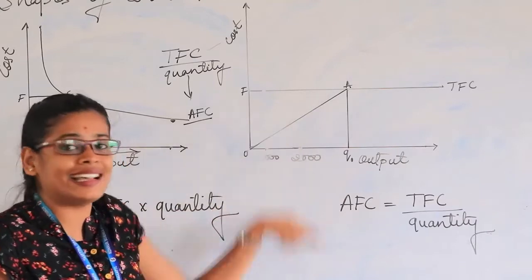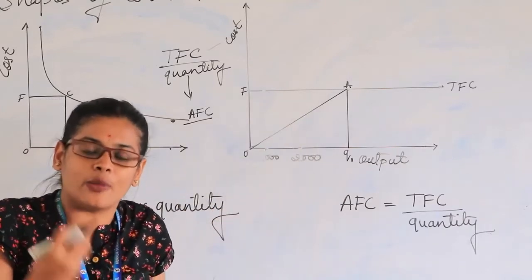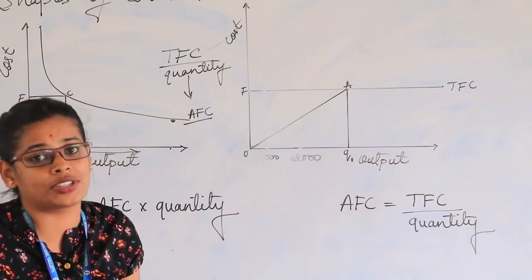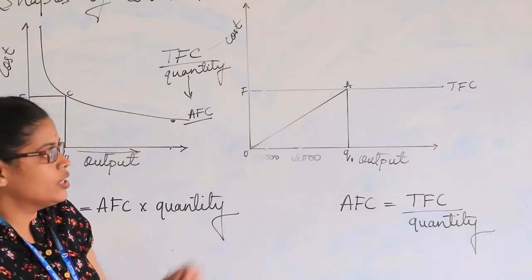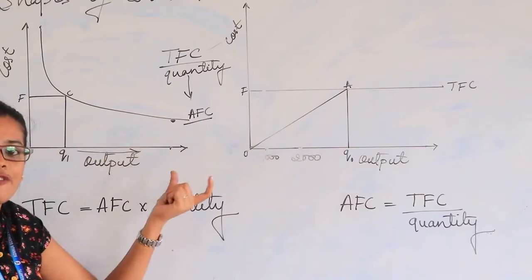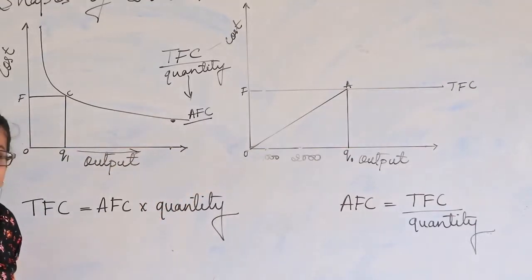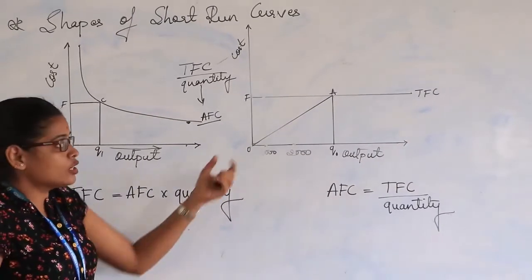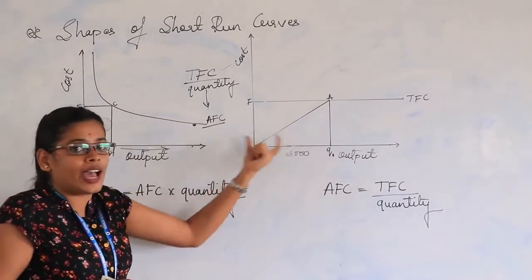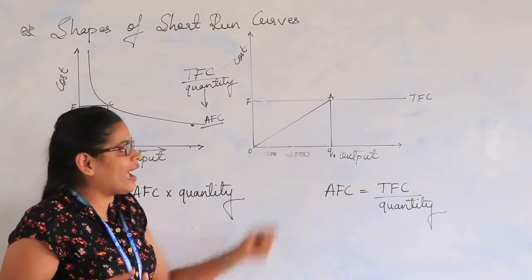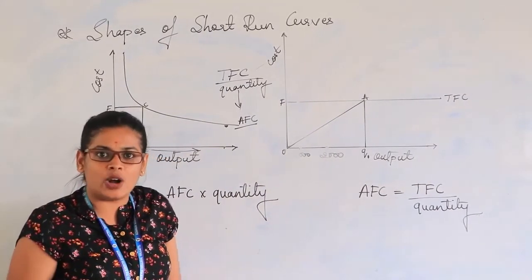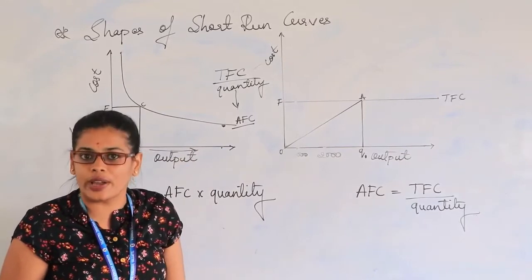So that tells us that even if you change the quantities or make changes in the output, the total fixed cost is not going to change. These are the two graphs which tell us about the total fixed cost and the average fixed cost. As you can easily assess, even if there is an increase in the output, the total fixed cost is not going to change.